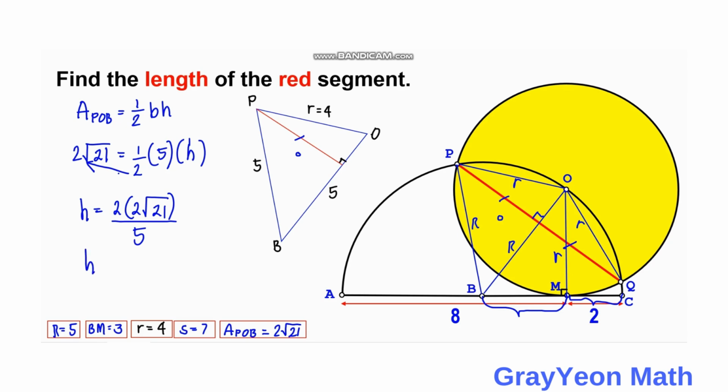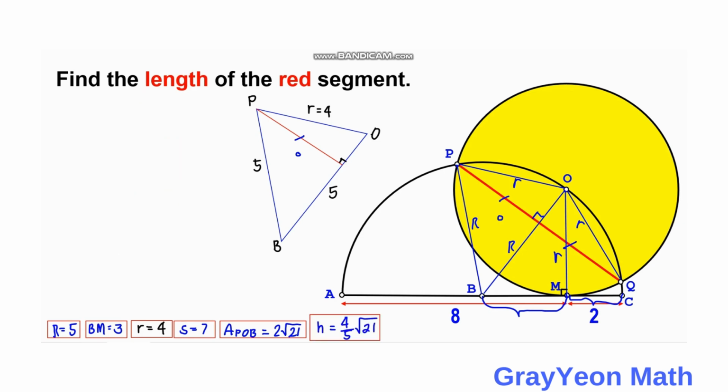So h is equal to 4 over 5 square root of 21. What we got as h is actually this length, which is half of PQ. So this is h also.